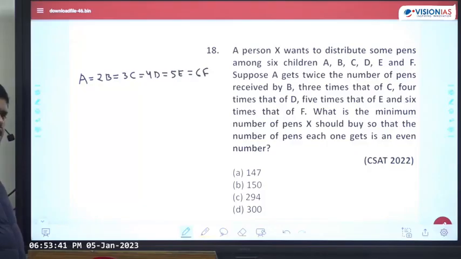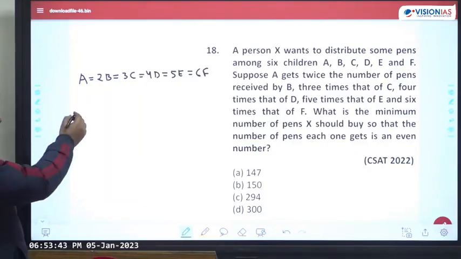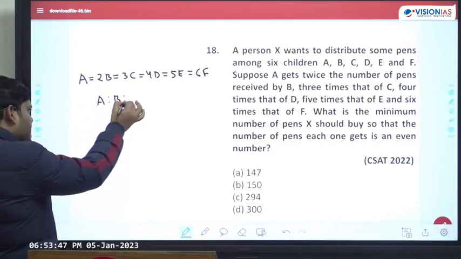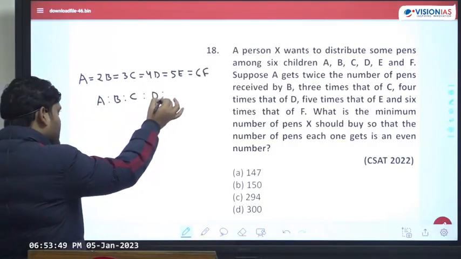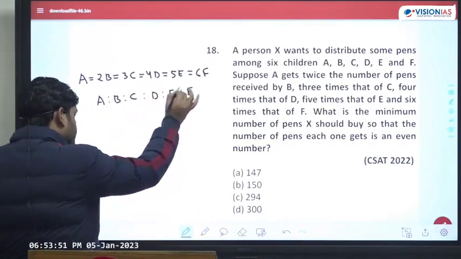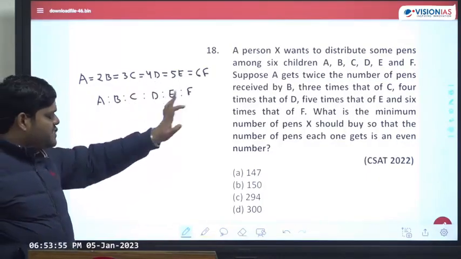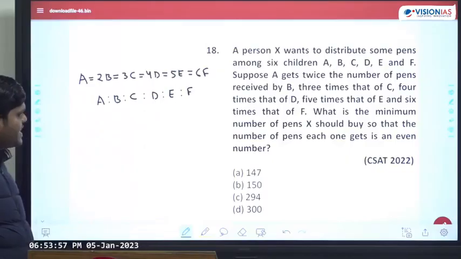So from here we can say that if I take the ratio A to B to C to D to E to F, we can take the LCM of 2, 3, 4, 5 and 6. And what is that LCM? 60.